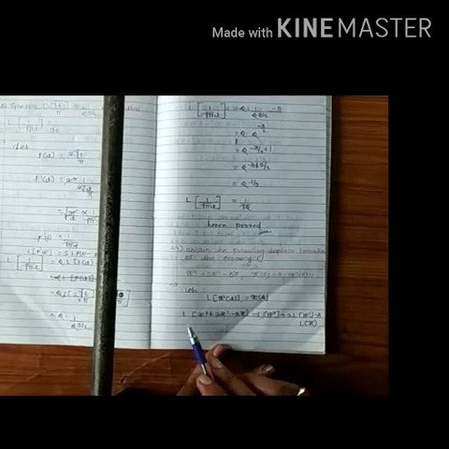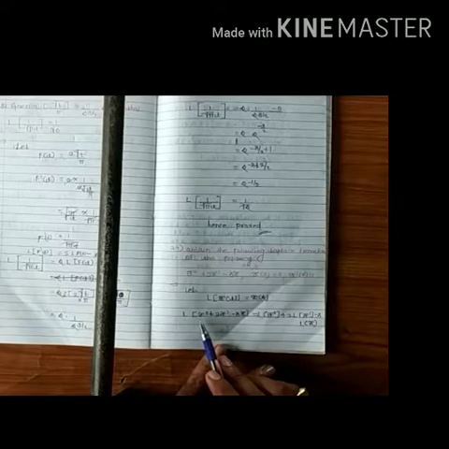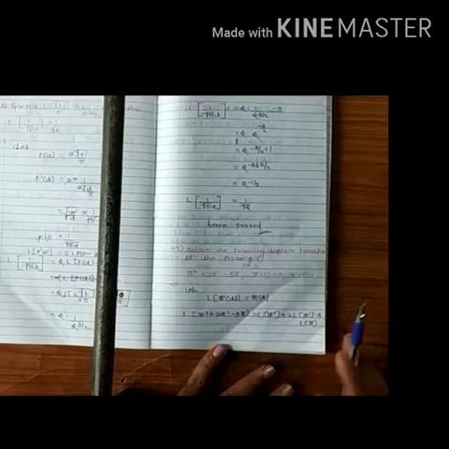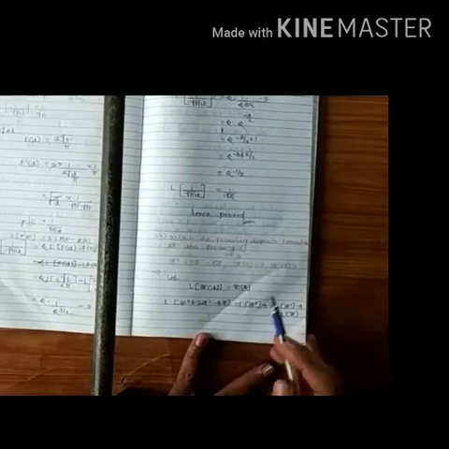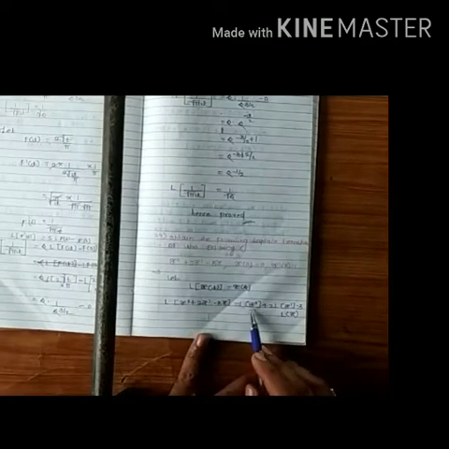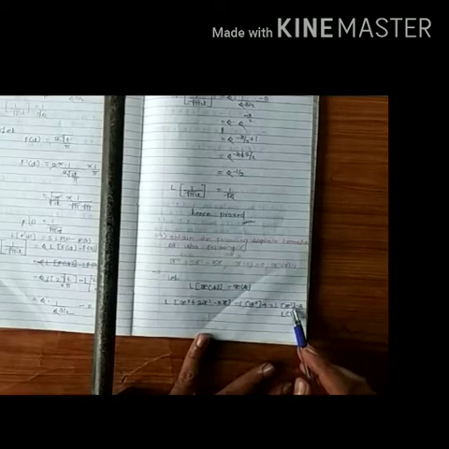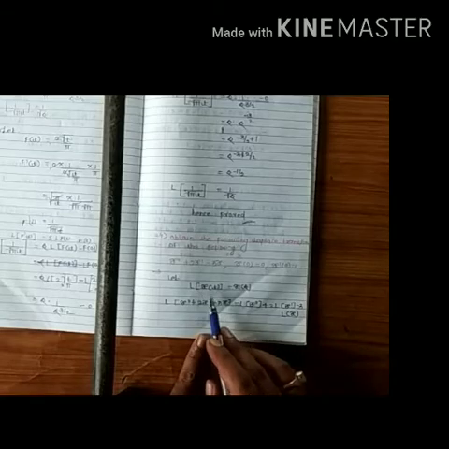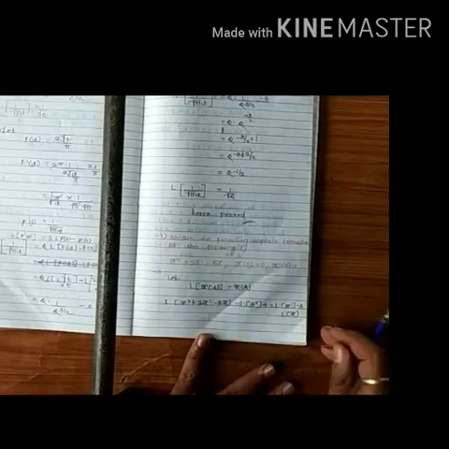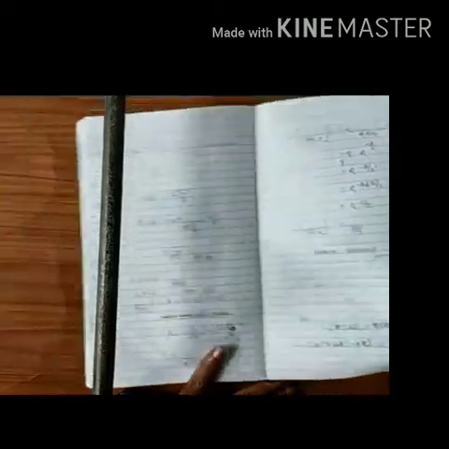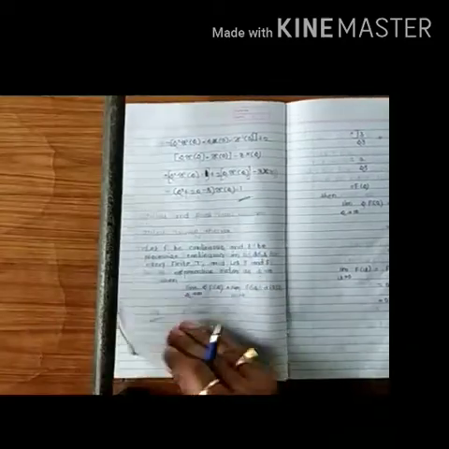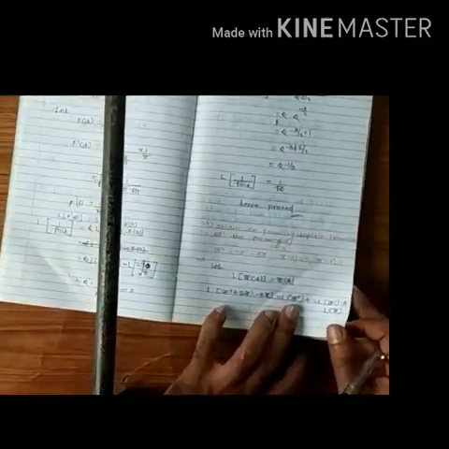So Laplace transformation of x double dash plus 2x dash minus 3x equals, by the linearity property, the Laplace transformation of x double dash, plus 2 times the Laplace transformation of x dash, minus 3 times the Laplace transformation of x. And the Laplace transformation of x t is just X s, so we can write this, and here we apply the formula of the Laplace double derivative.